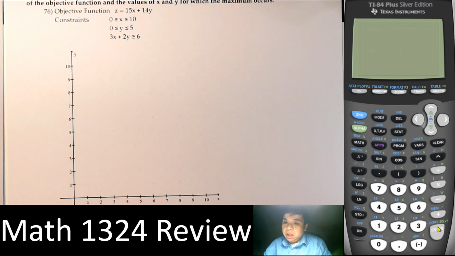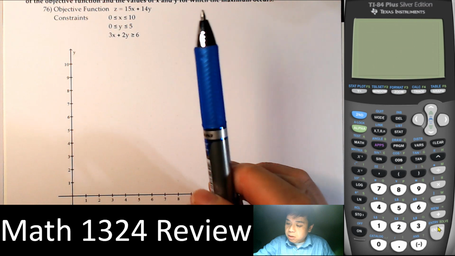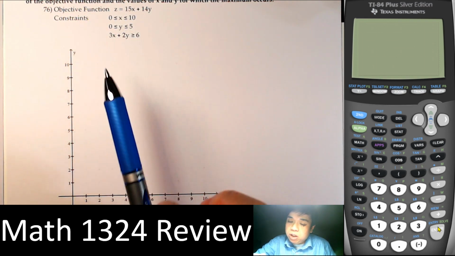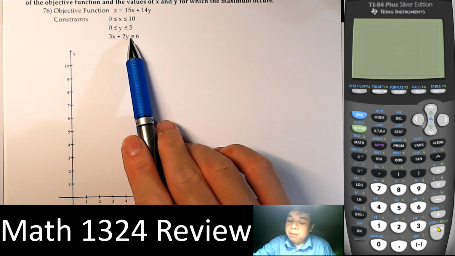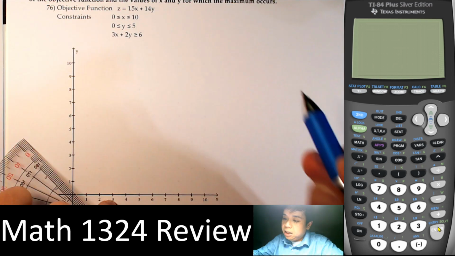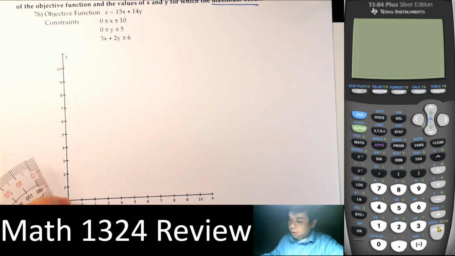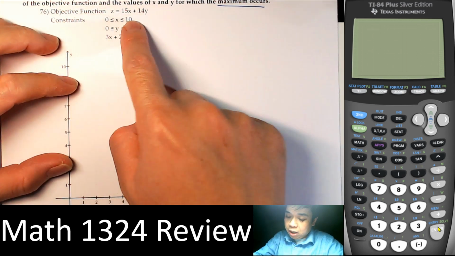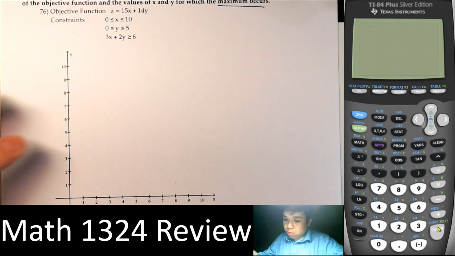The next one, we are asked to solve for that, but we have the function already, so we don't have to set it up. Right, so we have this function, and x is between 0 and 10, y is between 0 and 5. Interesting. And again, we try to find the maximum. Now that is a little more interesting.